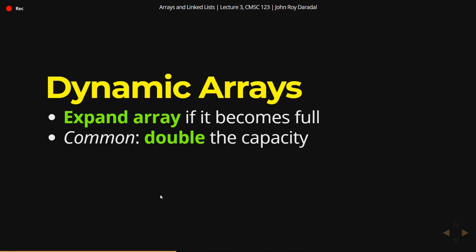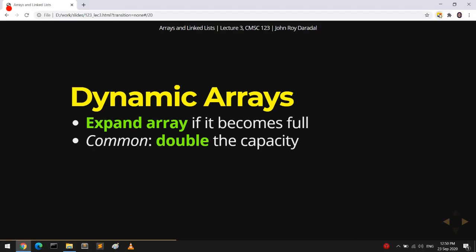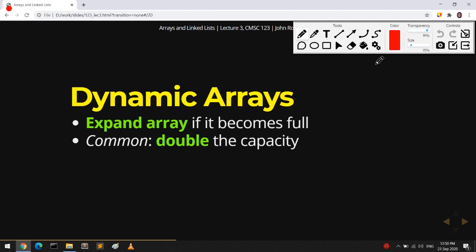So the common technique is just double the initial capacity. So let's say you initially have an array of size 2. So this will only be 2 cells. So if you double the capacity, it would be size 4, right? Okay.